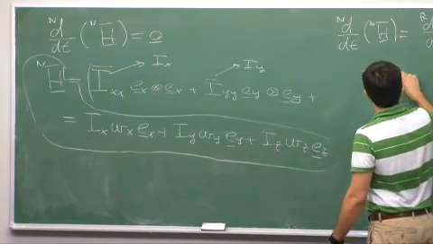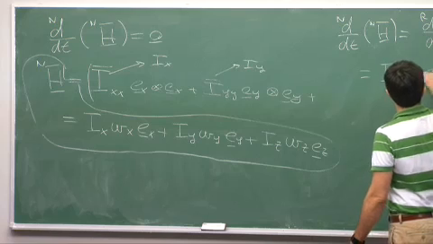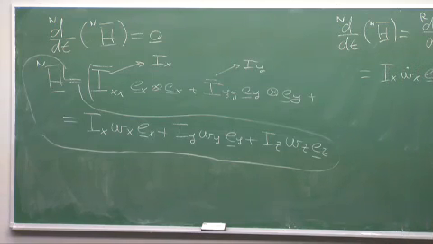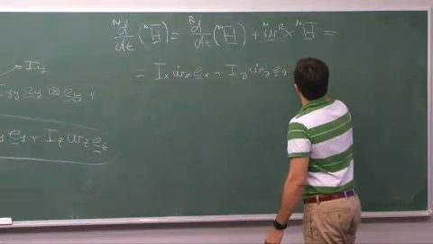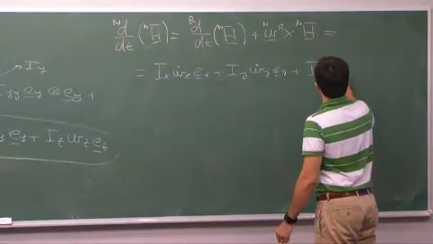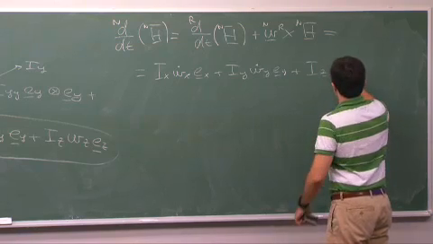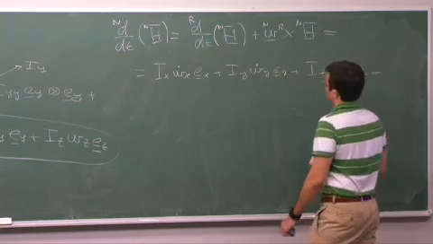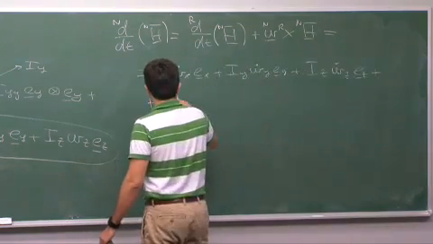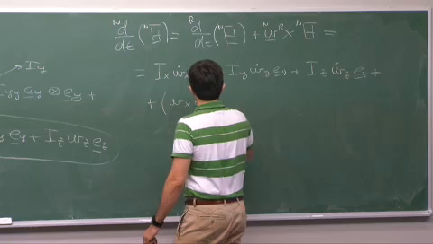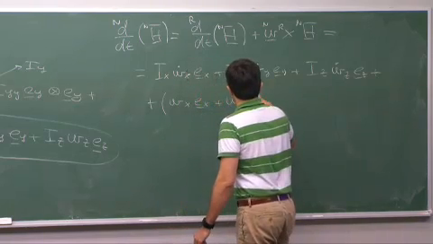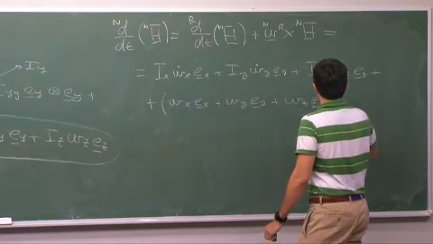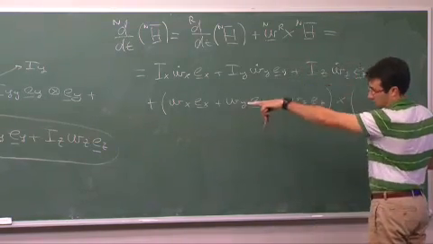So this is Ix omega x dot ex plus Iy omega y dot ey plus Iz omega z dot ez, plus, well, omega is still the same, omega x ex plus omega y ey plus omega z ez, which is crossing the same.